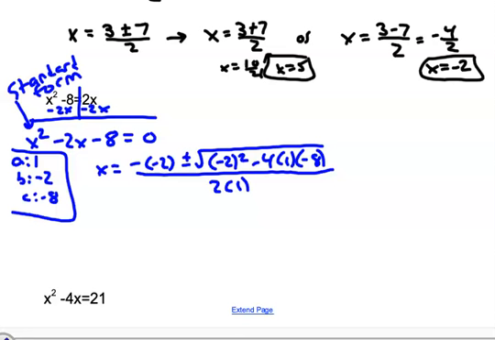Okay, this is equal to 2 plus or minus the square root of -2 squared is +4. Again, I have a -4 and a -8 that are going to make a positive number. And then my last number 1 is also positive, so this is going to be another time where I'm adding. And this time I'm adding 32. All of this is over 2.